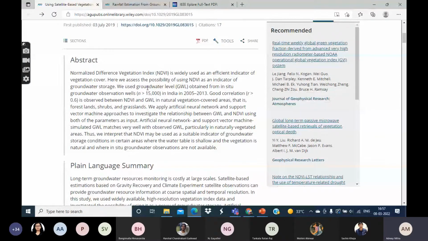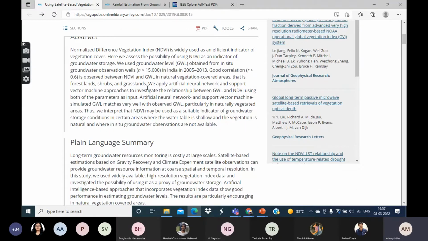But again, we don't have wells everywhere. So they have wells at some regions. Those wells provide the ground truth of the groundwater level, and whatever estimates they are making, they need to calibrate with that ground truth so that they can get an accurate estimate over an entire region, including those particular points which have the wells.